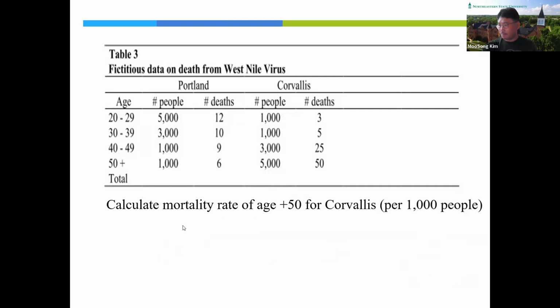Also, we can calculate for age more than 50 years old for only Corvallis: 50 over 5,000, times 1,000. So you get 10 per 1,000 people. Good.